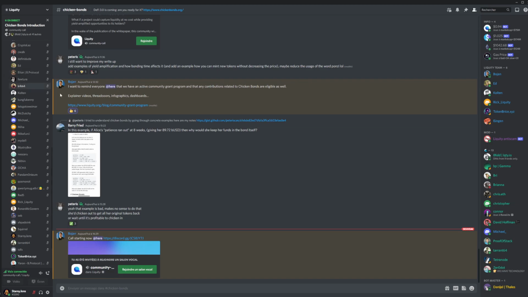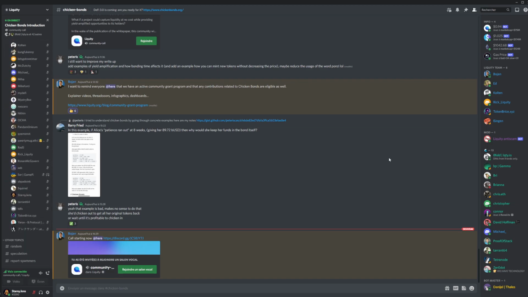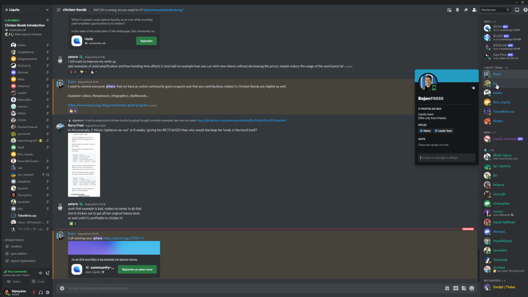That's the very basics of chicken bonds: picture it as a way of harnessing the existing DeFi infrastructure of a given token to create a kind of, let's call it, a game between different players, where the players themselves can achieve better yield than if they would just use the token directly.